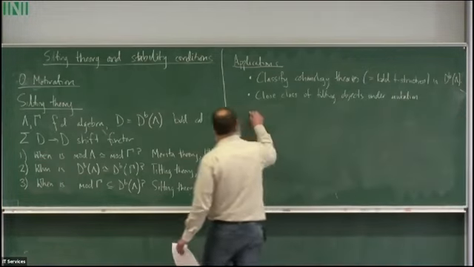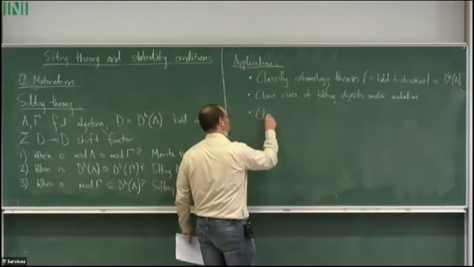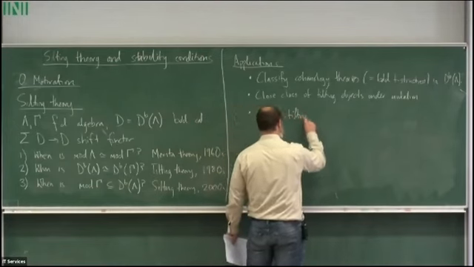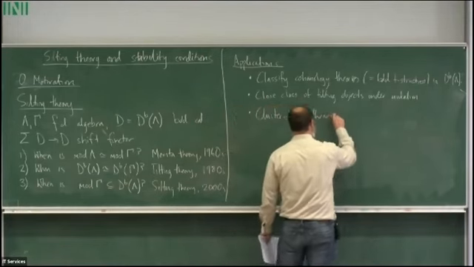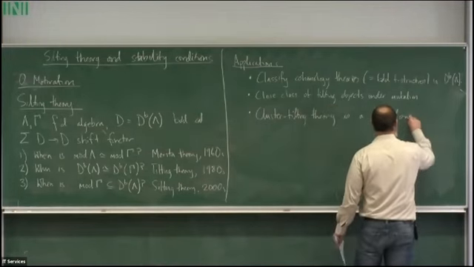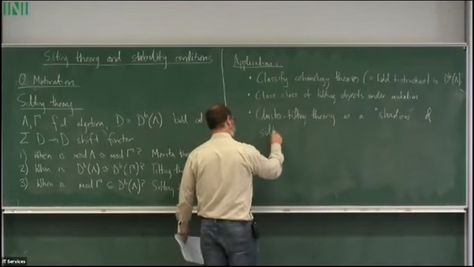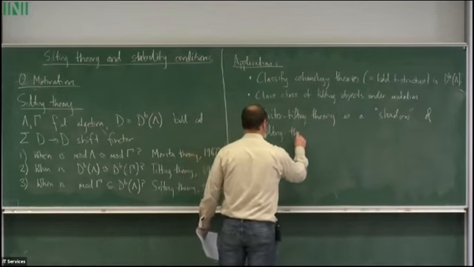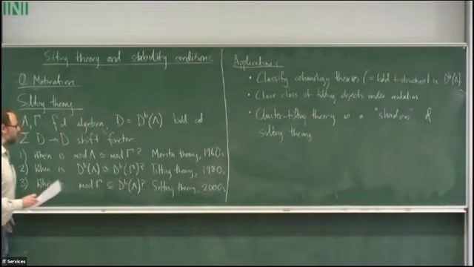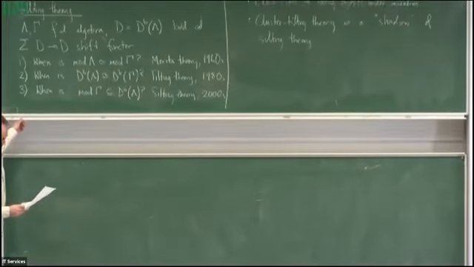From this came observations that in many cases cluster tilting theory is, let's say, a shadow of silting theory. So you get some idea of what's going on in cluster tilting theory by looking at the corresponding silting theory.